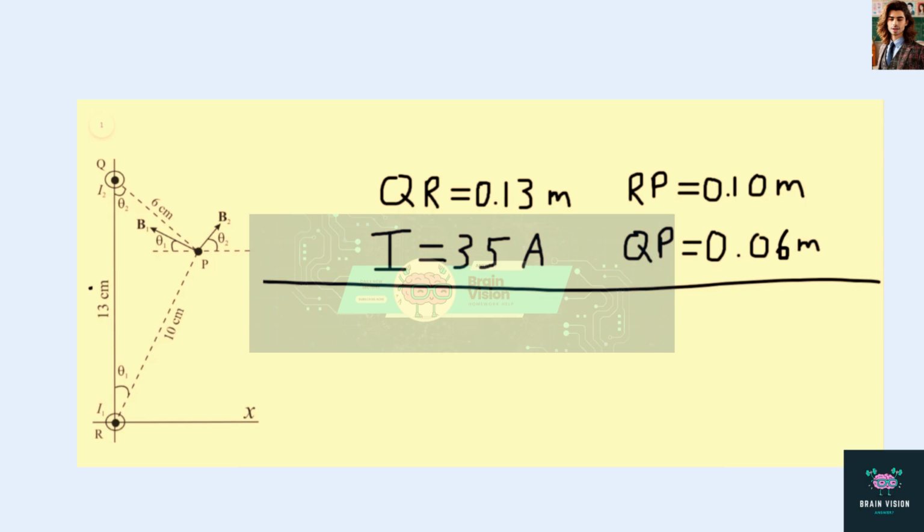In order to find the magnetic field at this point, as well as the angle, so the magnitude and the angle, we first need to find the angles theta 1 and theta 2.